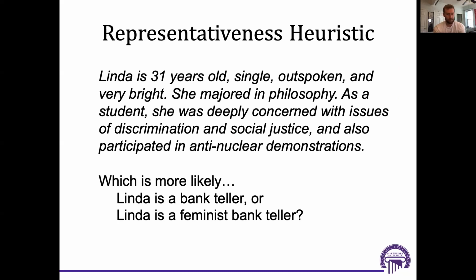Which is more likely, that Linda is a bank teller or that Linda is a feminist bank teller? So I want you to reflect on this. Which of those two alternatives is more likely in terms of probability? Is it that Linda is a bank teller or that she is a feminist bank teller from this anecdote here?